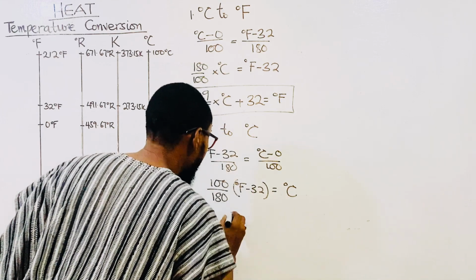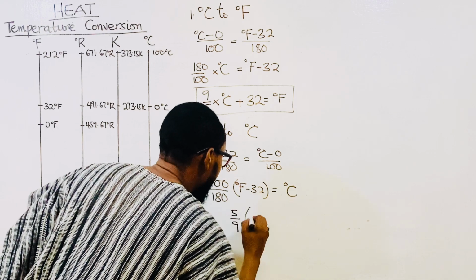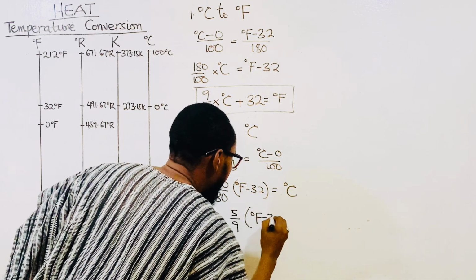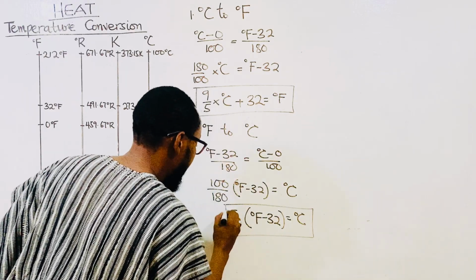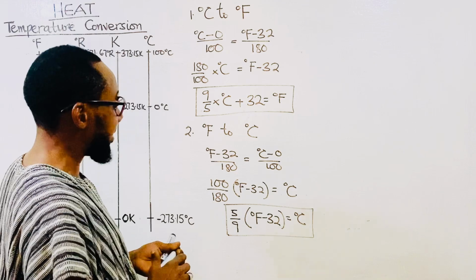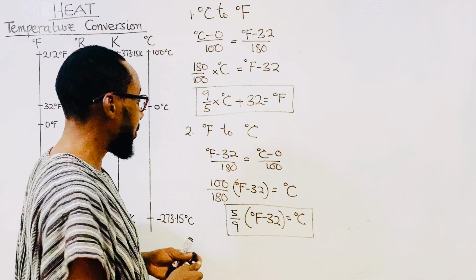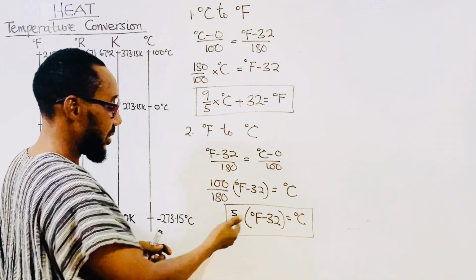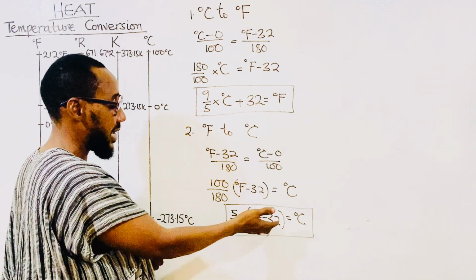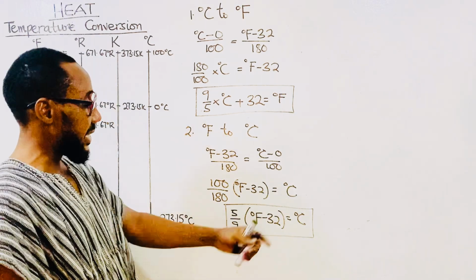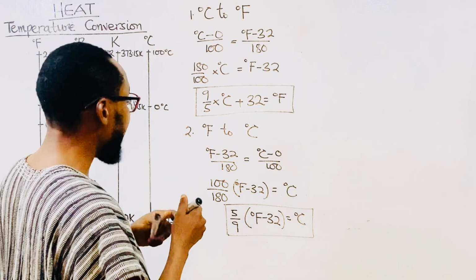All right, so we reduce this equation, and this gives us what we have now. If we have the temperature in degrees Fahrenheit and we are trying to convert it into degrees Celsius, then 5 over 9 in bracket the temperature that we are given in degrees Fahrenheit minus 32 is equal to the temperature that we are looking for in degrees Celsius. I think this is also pretty straightforward.